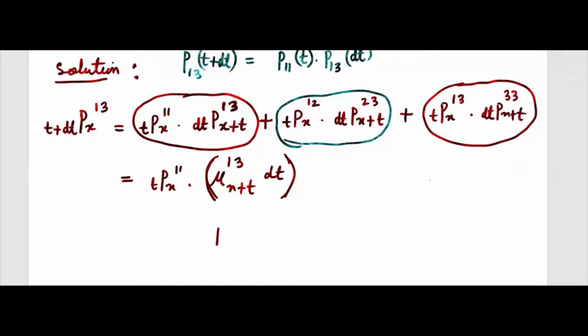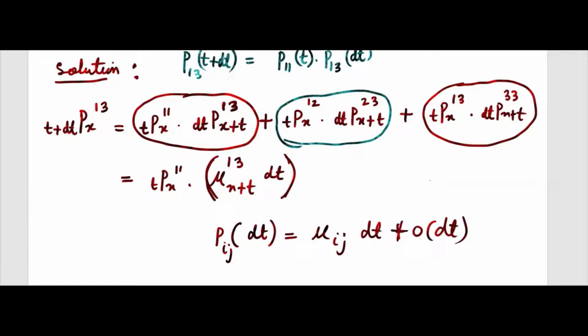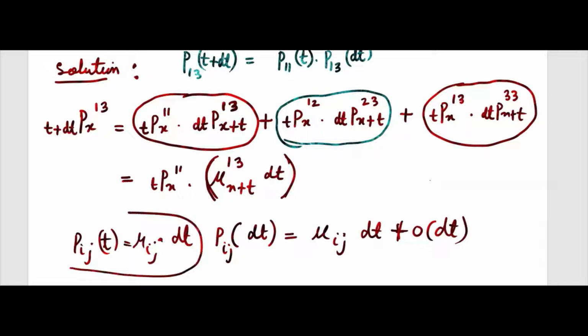It was like this: p ij, let me write here, ij. This was the formula. Or maybe if you write p ij in terms of t also, here we use this way, mu ij dt. So how can you say this using general reasoning?